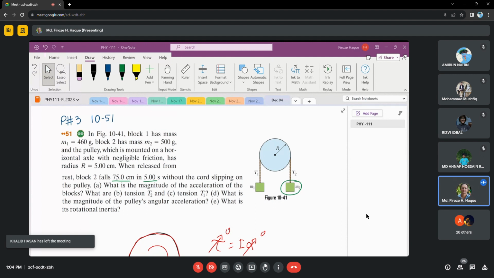Who left? Khalid left the meeting. Probably network connection. Yes. Rest of you, how do I find the acceleration if the object is falling 75 centimeters in 5 seconds? Yes. Did I lose the network? Let's see. No. The network is there.